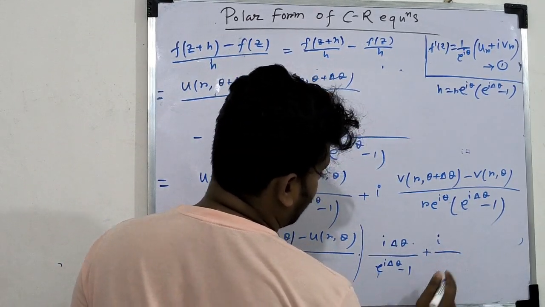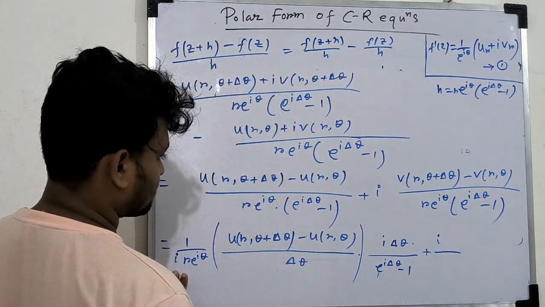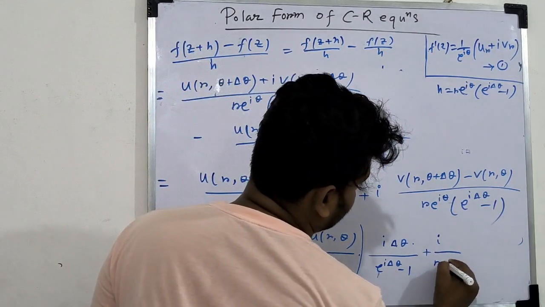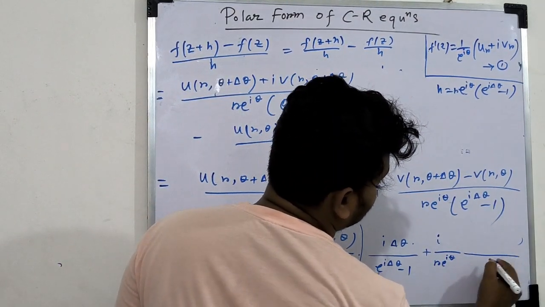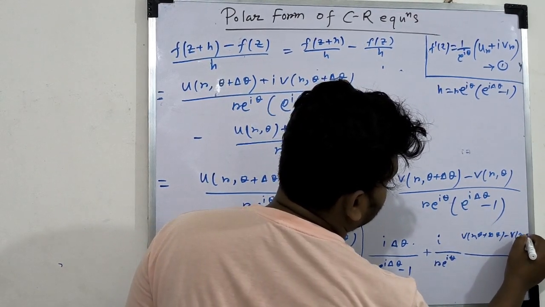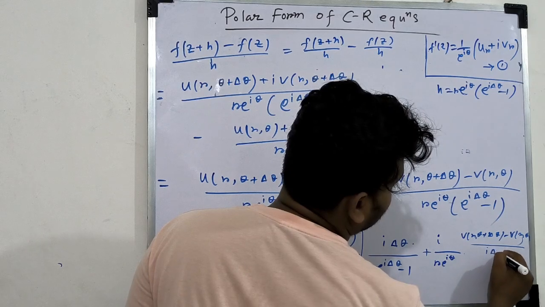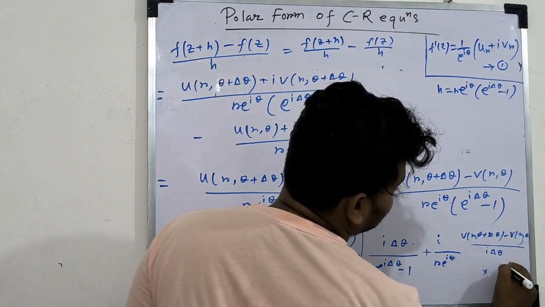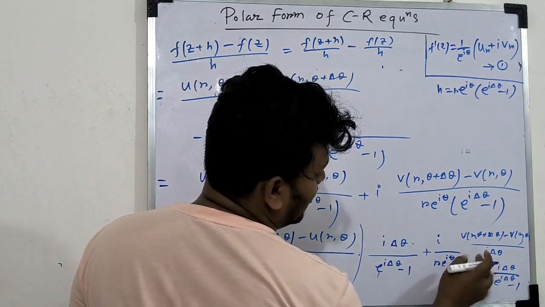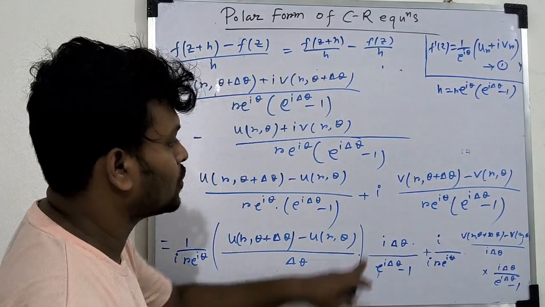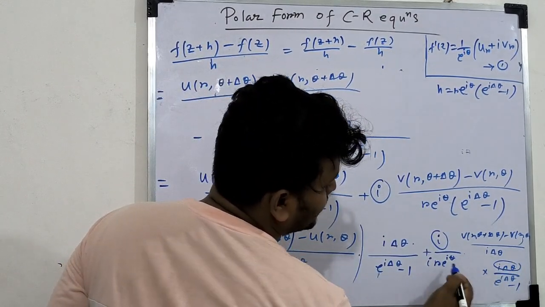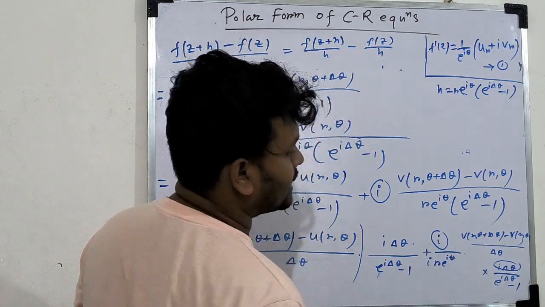If we take this term common, that is i r θ, so you get i divided by r e^{iθ}, and here you write v(r, θ+Δθ) minus v(r, θ) divided by iΔθ into this iΔθ divided by e^{iΔθ} minus 1. So this i will come here. So this i is this, but for this we take here i and here Δθ. So this is the form.